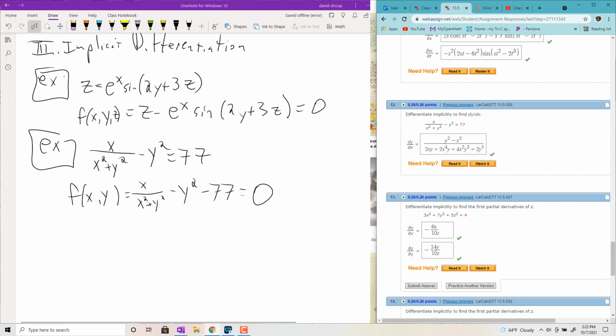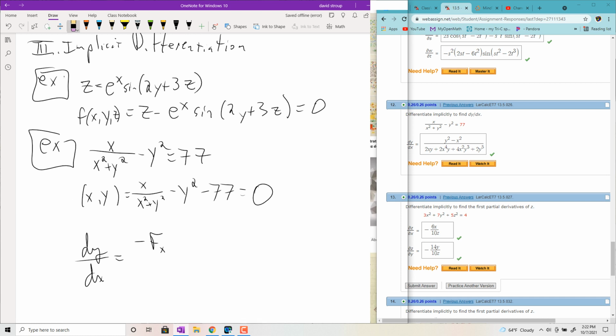All right. Let's take a look at what the formulas are then. Given that we're going to do this process of rewriting the function equal to 0, the formula for the simple version is going to be negative f with respect to x. So that's going to be this thing here. We can call it big F. Big F with respect to x of x, y, all over big F with respect to y of x, y.